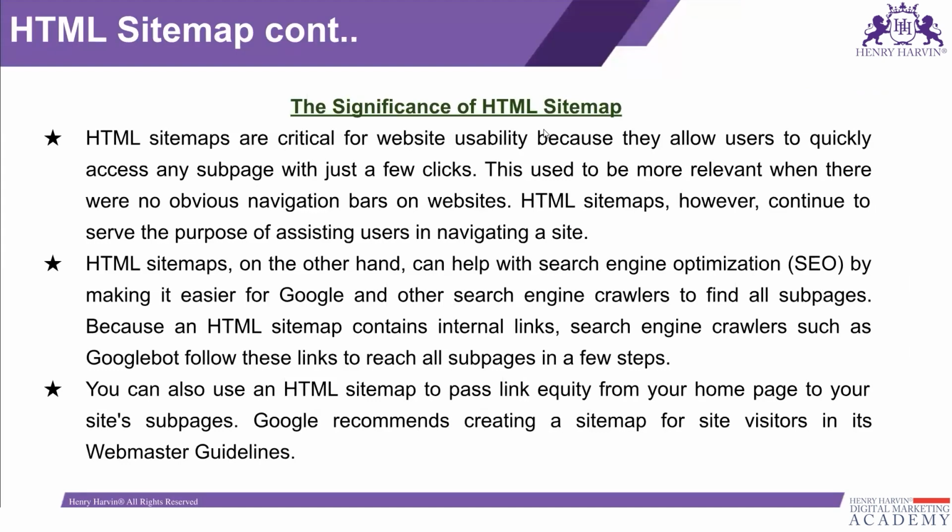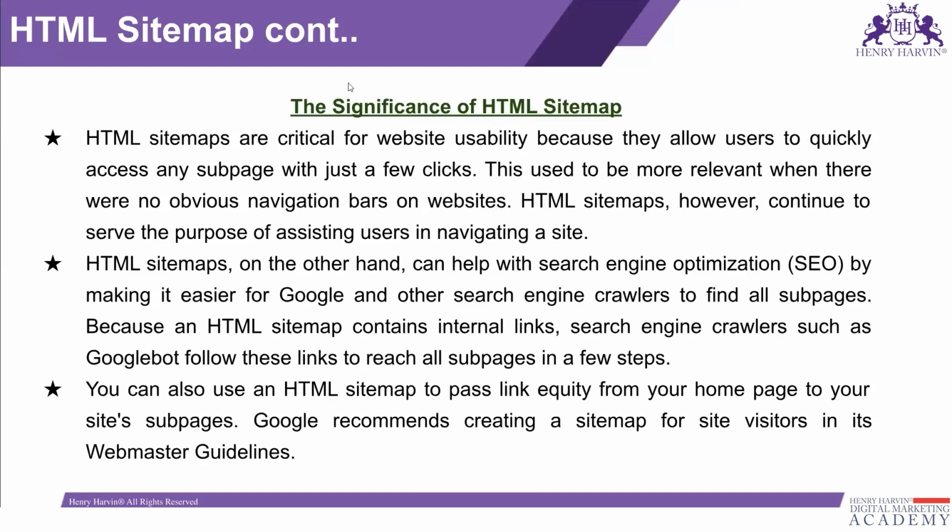So what is the significance of an HTML sitemap? HTML sitemaps are critical for website usability because they allow users to quickly access any subpage with just a few clicks. This used to be more relevant when there was no obvious navigation bar on websites. HTML sitemaps, however, continue to serve the purpose of assisting users in navigating a site.